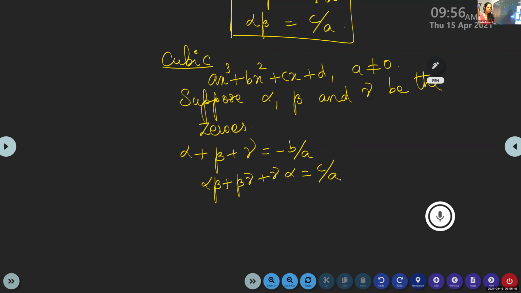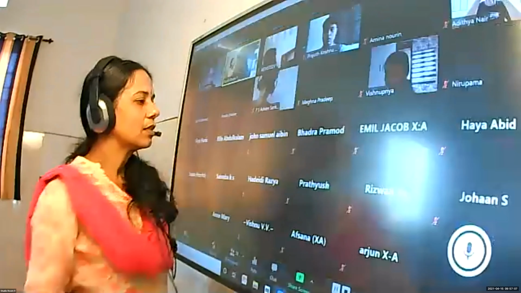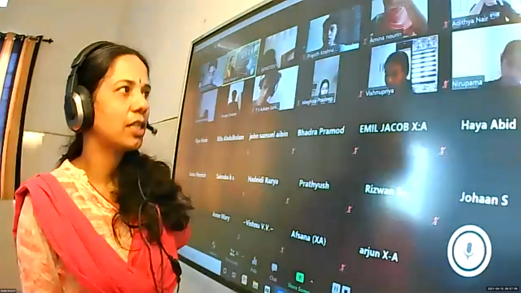Alpha beta gamma is equal to negative d by a. So these are the relations we have learned between the zeros and the coefficients.